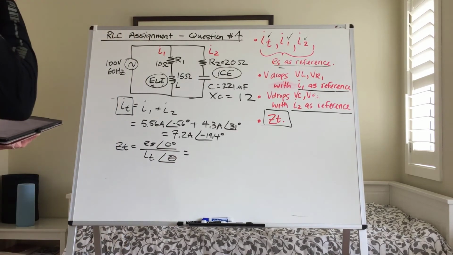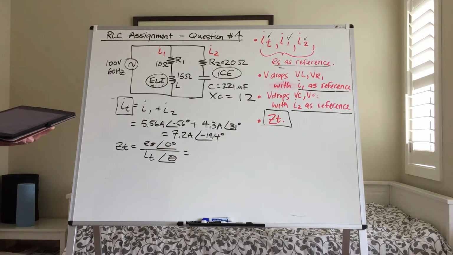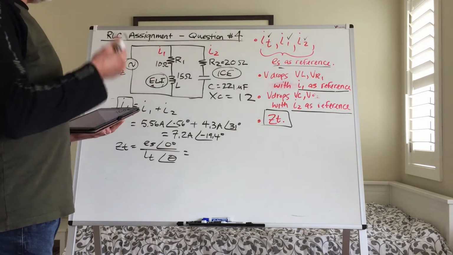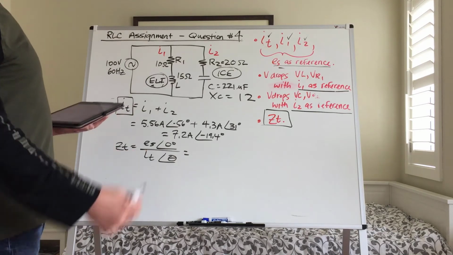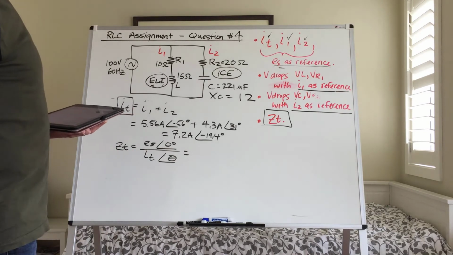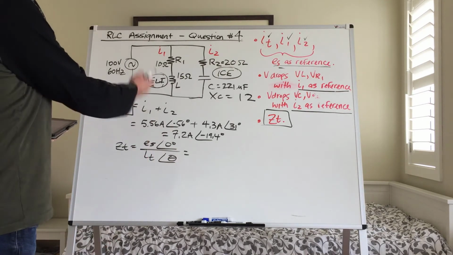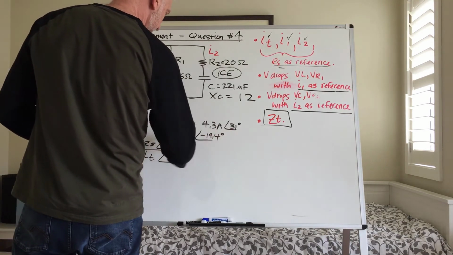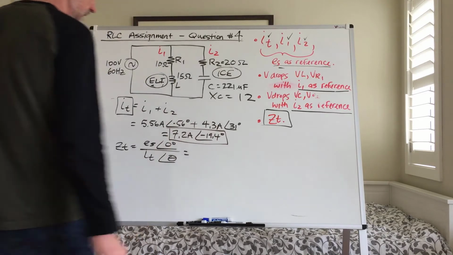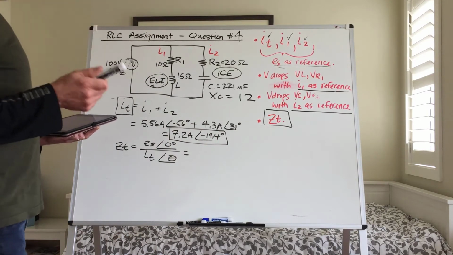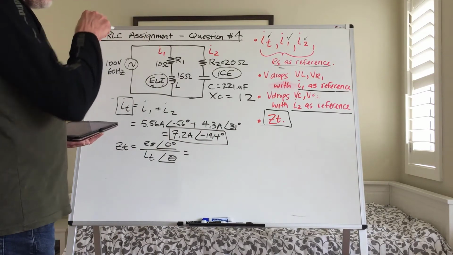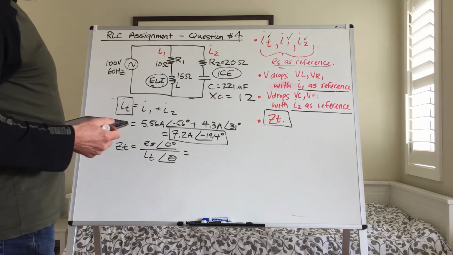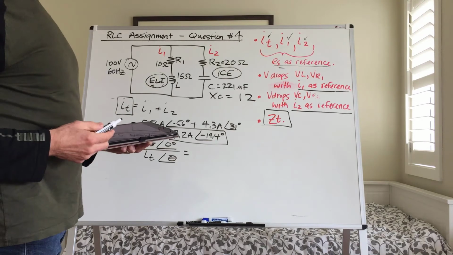Now, something to be aware of. Notice how in this question it asks for Z total, but it doesn't ask for an angle of impedance, because it's really not necessary when we've got these other angles, like our phase angle right here from this total current. I want you to be aware of that. If a question does not ask you to express an angle with respect to some reference, it's just looking for a quantity.